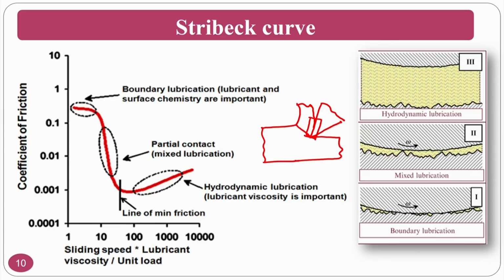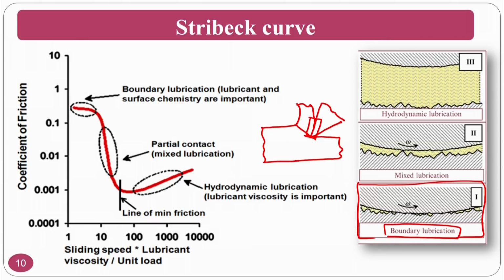Now I am going to talk about what types of lubrication are going to take place in this region. In boundary lubrication, the dominating thing is the metal-to-metal surface contact.